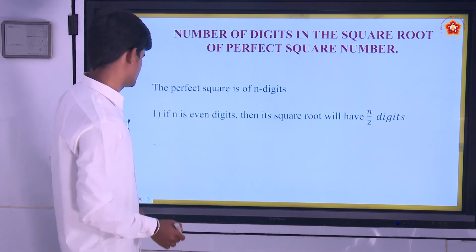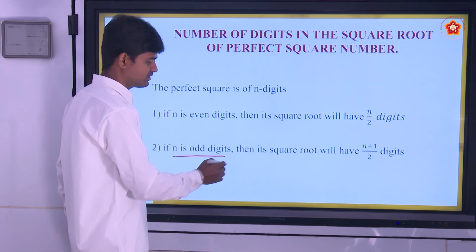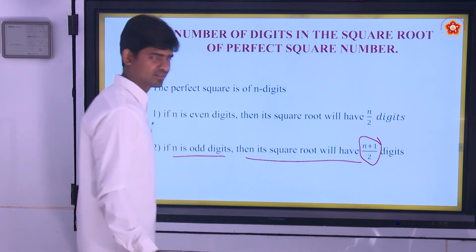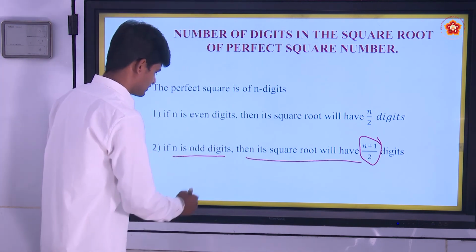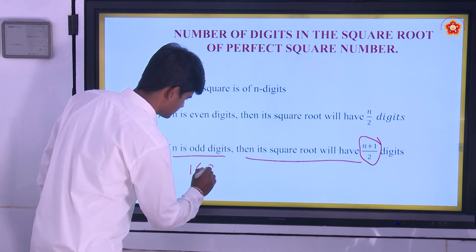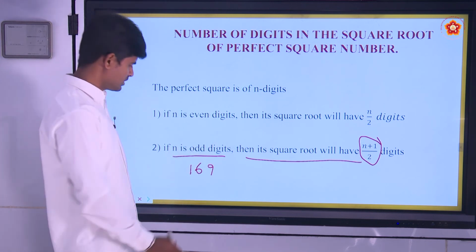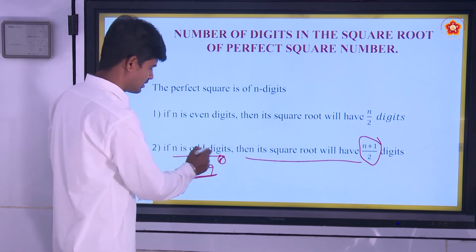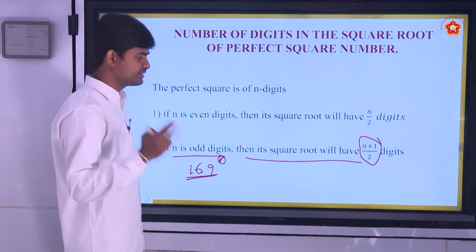Okay. Next, second, if n is an odd number of digits, then its square root will have (n plus 1) by 2 digits. For example, 169. It has 3 digits, and 3 is odd. 1, 2, 3 digits.